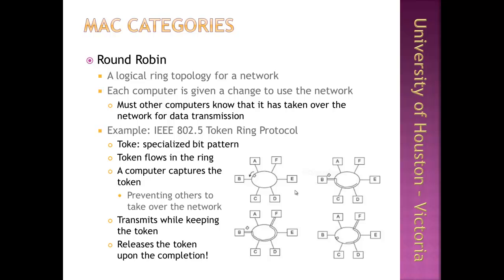When you have a shared network organized in a logical ring topology, and each of the computers or nodes is connected to the ring, you have to give each an opportunity to transmit in a sequential manner, and that is determined by the logical ring structure. If a node takes over the network to transmit to another receiver on the network, it must let all the other nodes know that it has control of the network, and then it transmits its data.